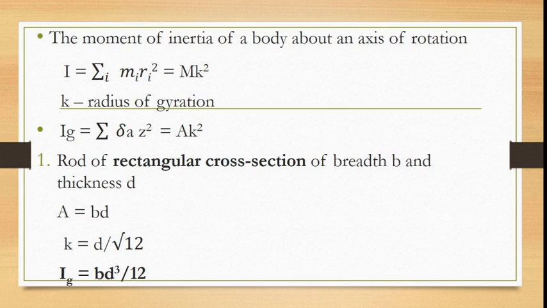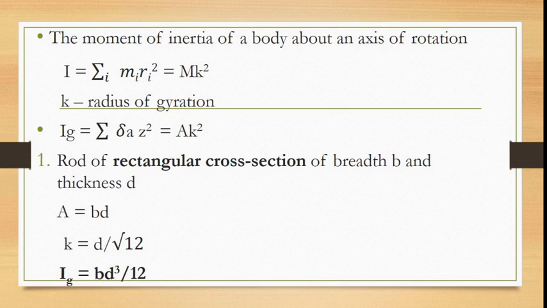With this, we can calculate the moment of inertia of a rod of rectangular cross section with breadth B and thickness D. So what will be the area? Area is equal to breadth into thickness, so B into D, and the radius of gyration for a rectangular cross section is given as k equal to D by root 12.